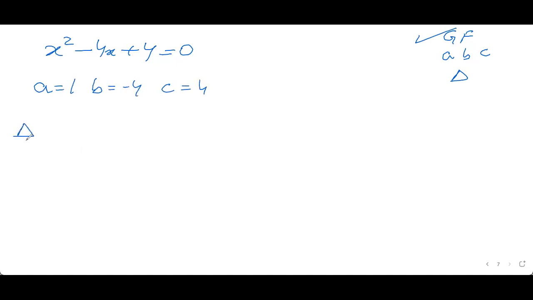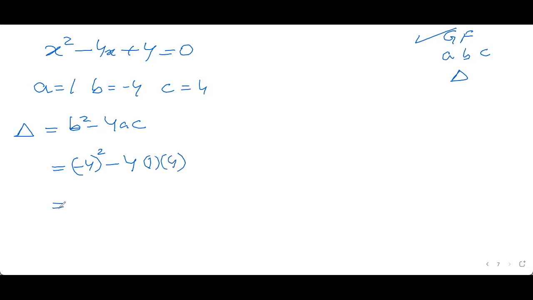Now we can calculate our discriminant by the formula b square minus 4ac. Now b square becomes (minus 4) square. Always when you are writing the square of a negative number, put brackets. Good practice. (Minus 4) square, minus 4 into a, which is 1, and c, which is 4.